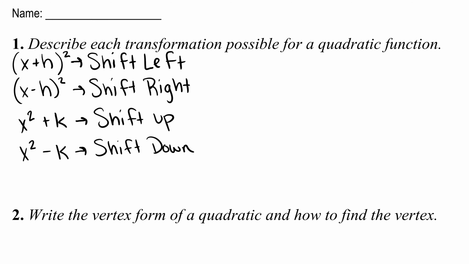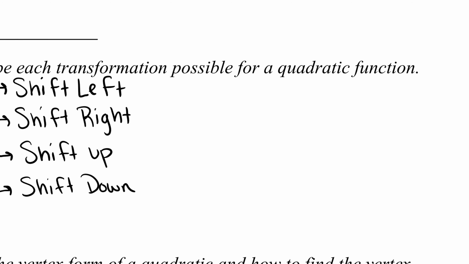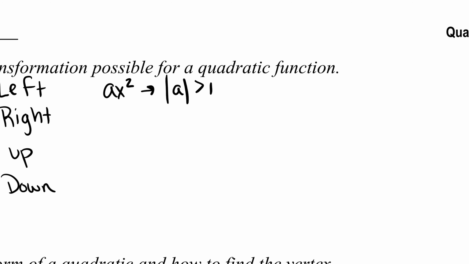Okay, the next one that I'm thinking of is ax^2, where the absolute value of a is greater than 1, or any number greater than 1, not counting the negative. That would be a vertical stretch.